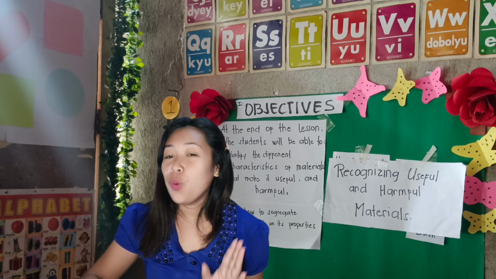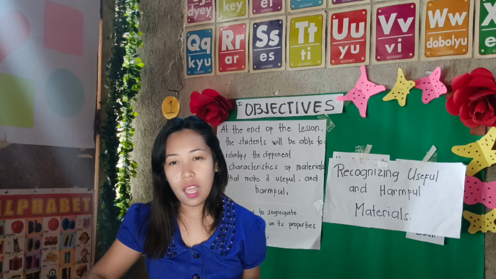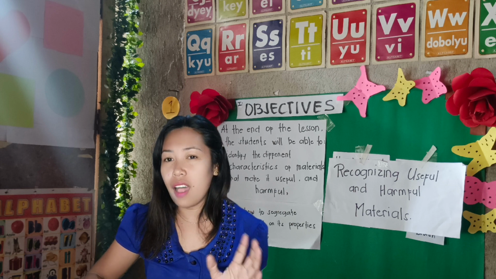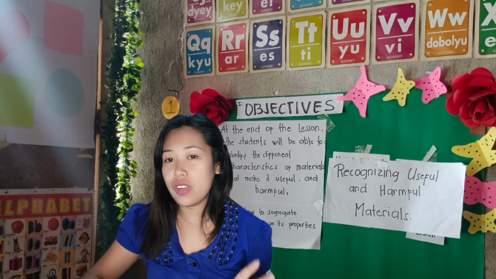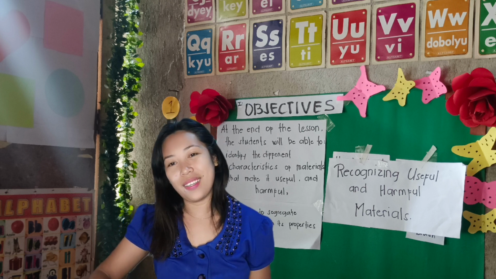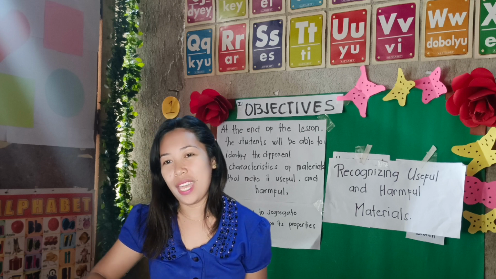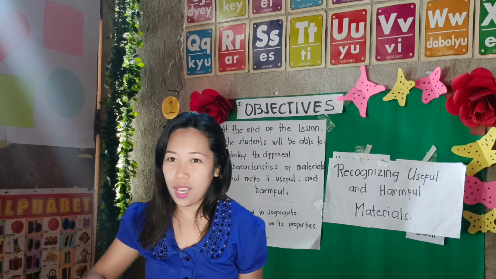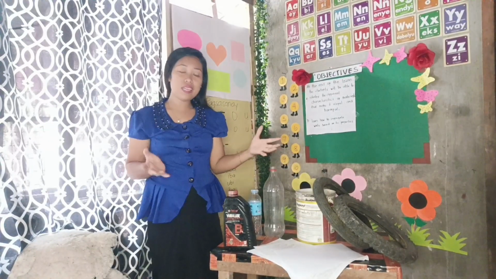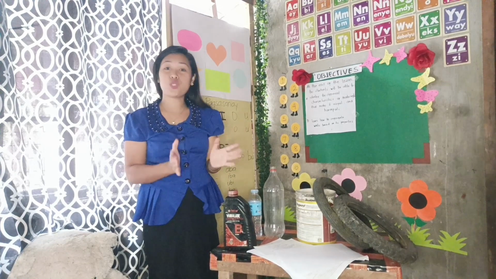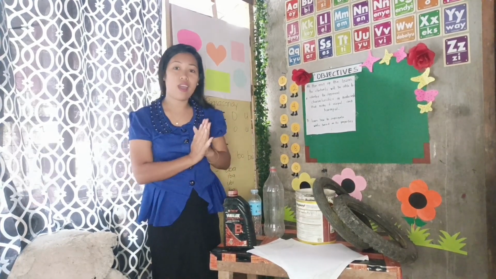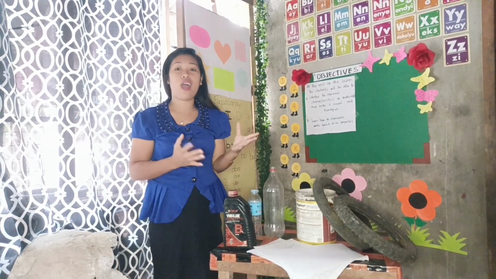Now you know when a material is useful, when a material is harmful, and when a material is considered waste. Okay, so now let's move on. I have some things here on my table. You are going to analyze or observe whether they are useful or harmful.